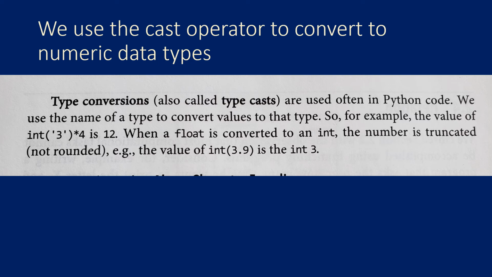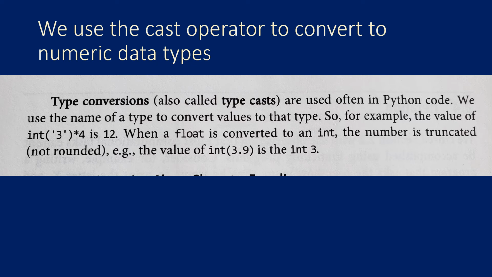When a float is converted to an int, the number is truncated, not rounded. So the value of int(3.9) is going to be the integer 3. All right, so that's something else that we need to remember.